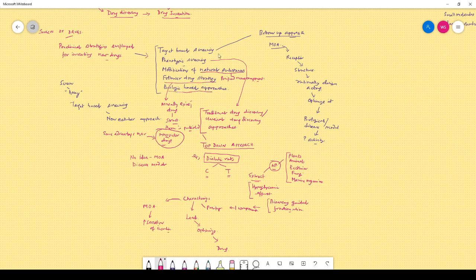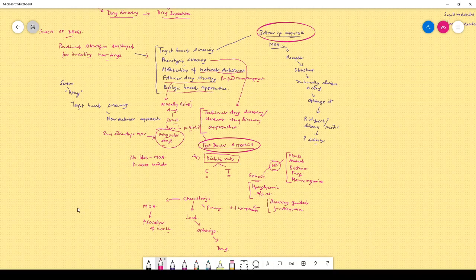Okay, and we have said that target-based screening is called a bottom-up approach, and the phenotypic screening is called a top-down approach. Okay, and then we have said that the greatest success would be obtained if we use more than one strategy to look at a drug.